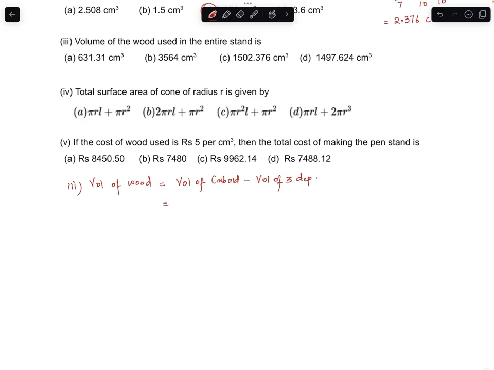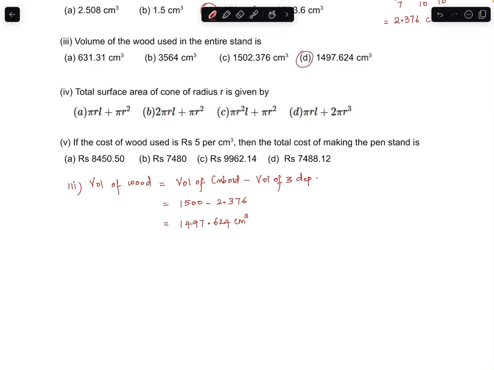Volume of cuboid is 1500 minus 2.376, which is 1497.624 centimeter cube. So the answer is option D.